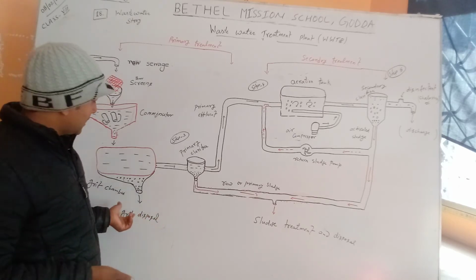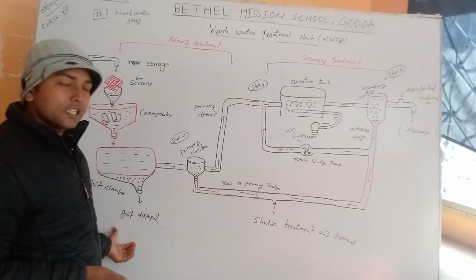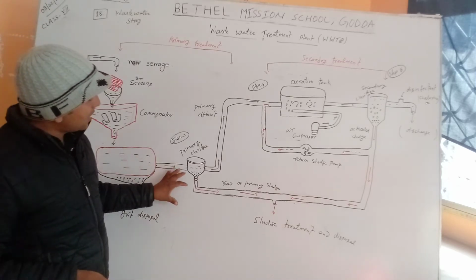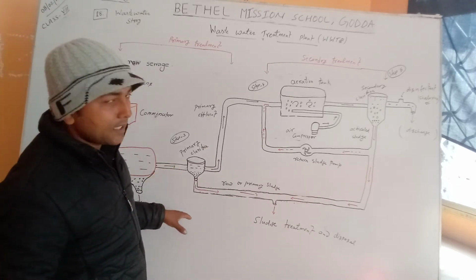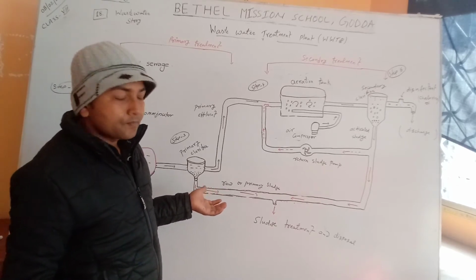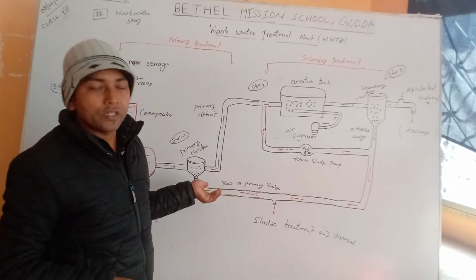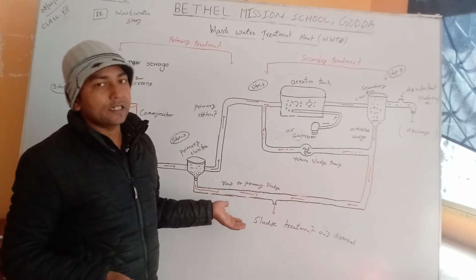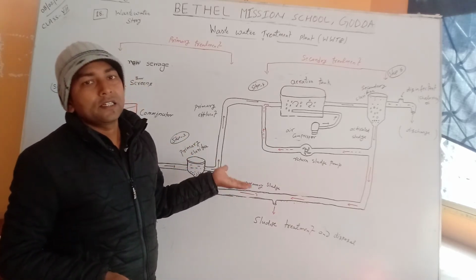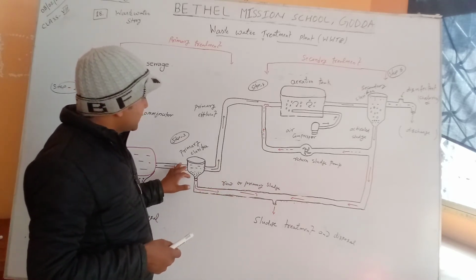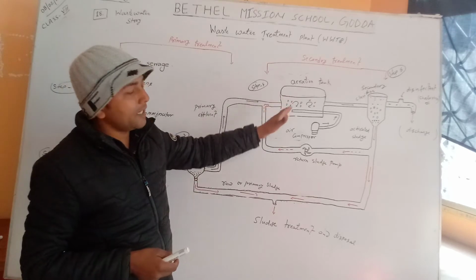At the grit chamber, grit is disposed. Okay, and then the water comes to step third. Here it is clarified, and the sludge settles down and the sludge is taken out with the scraper. And then the water comes to the aeration tank.